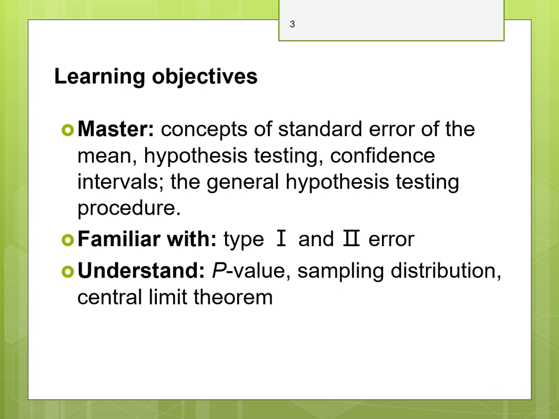And the third one is to be familiar with the concepts of type 1 and type 2 error. The last one is to understand the p-value, sampling distribution, and central limit theorem. So that is all we need to do in chapter 4.